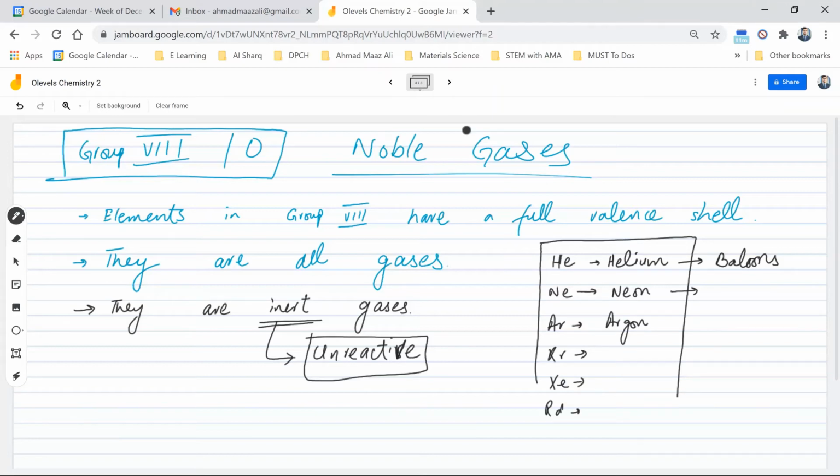Krypton, xenon, and radon. Let's write down the uses now. Wait a second. Please note this down, I'll have to move on to the next page to write the uses, as we do not have enough space left.